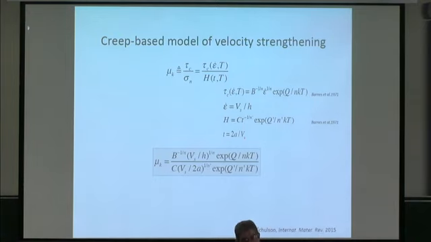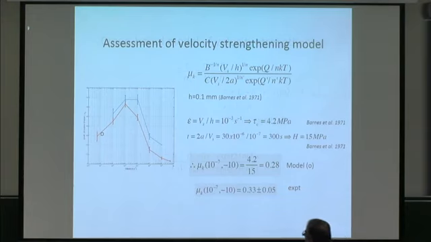Once again, we need parameters for the asperities. No one has measured the creep parameter of a tiny 30 micrometer size asperity. So one more time, we have to use parameters measured from bulk materials. And so we take those parameters and we look at 1.1, 10 to the minus 6, perhaps?